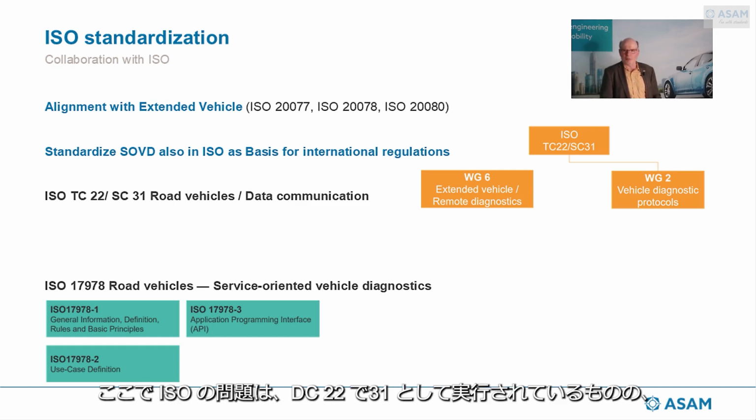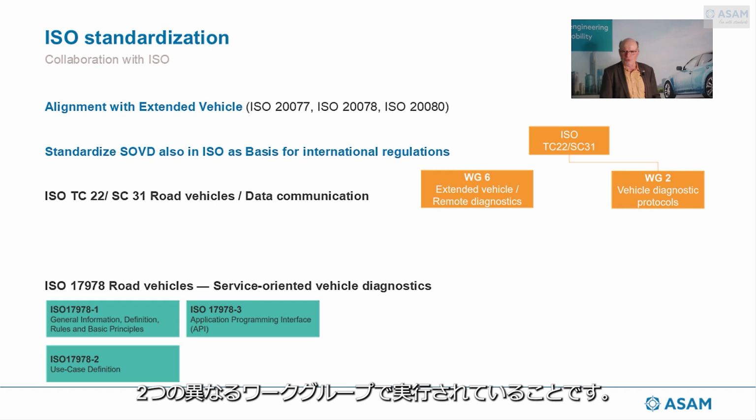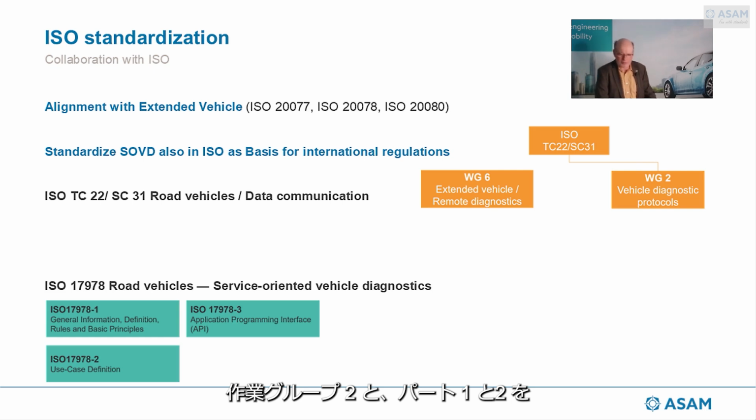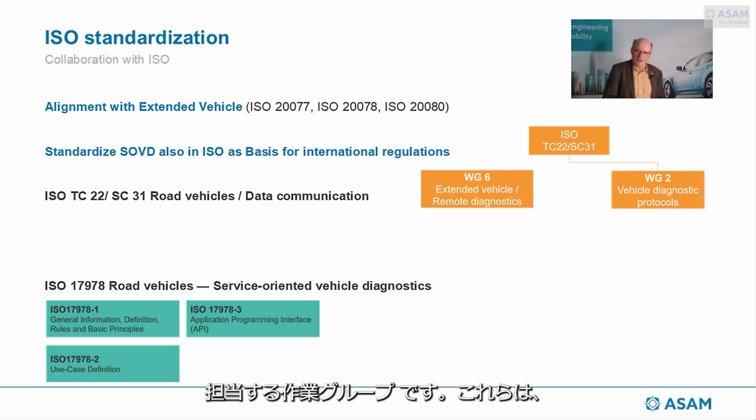And you see the problem here in the ISO, that is running in TC22 SC31, but in 2 different work groups. Work group 2 is responsible for part 3, and work group 6 is responsible for parts 1 and 2.